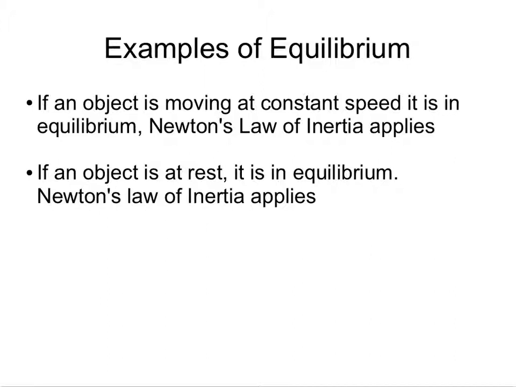Another way to look at this is if an object is moving at constant speed, it must be in equilibrium, so the sum of the forces on it must be zero. If an object is at rest, it also must be in equilibrium. The law of inertia applies. The sum of the forces on the object must be zero.